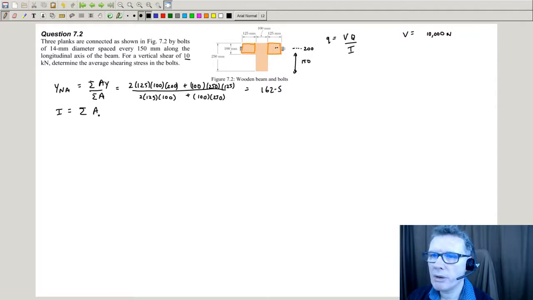So we're going to have to use the parallel axis theorem, and sum the sections, rectangle sections. Right, so 162.5 will be about here.